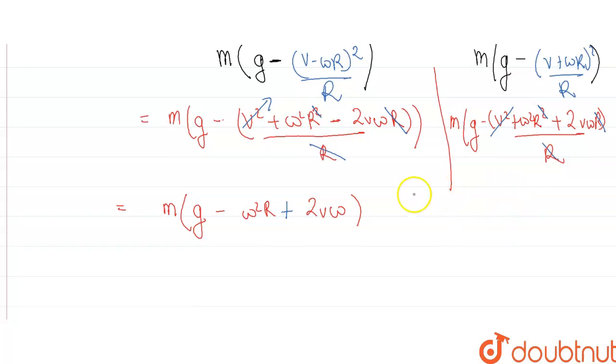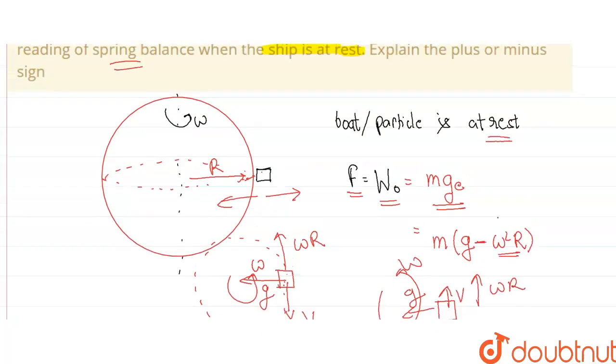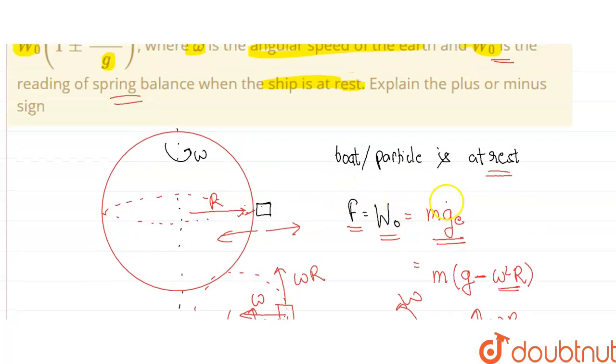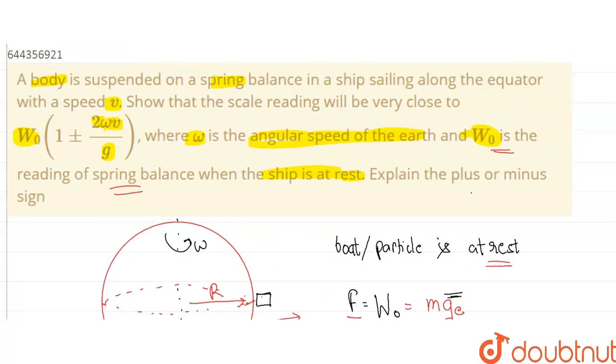Similarly, in the other case we have g minus omega square r, and 2v omega, but here the negative sign is coming. From above we had solved g minus omega square r, and it would give us g.